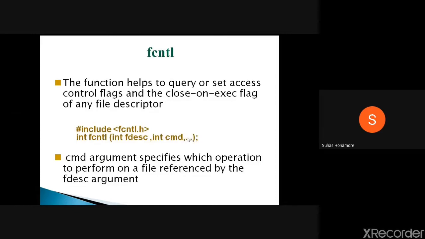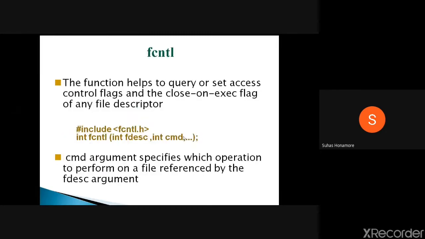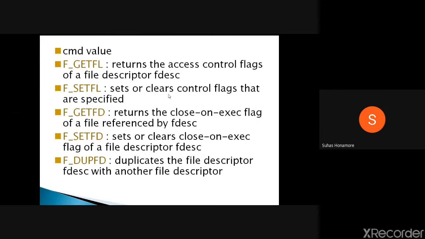For example, if you want append or a non-blocking call, that we studied as O_NONBLOCK, you have to give it as a third argument. If you want to add more things, you have to give them using the bitwise operator. Those flags you have to combine by bitwise operator and give it.